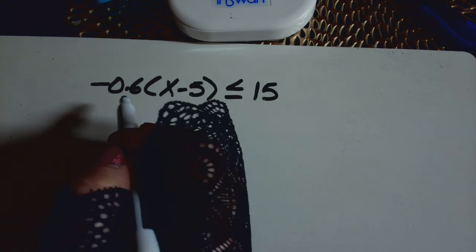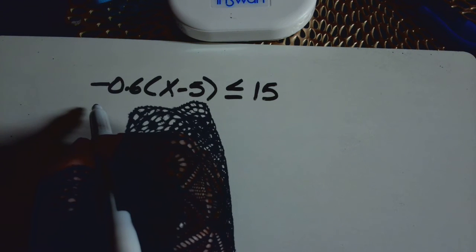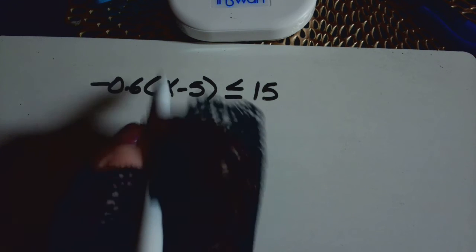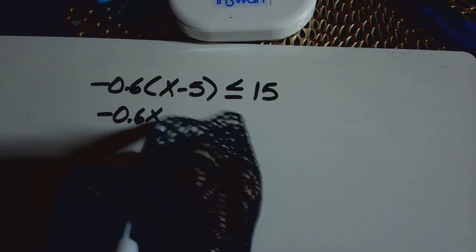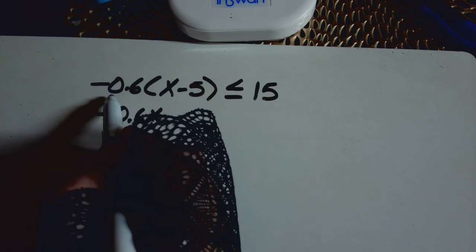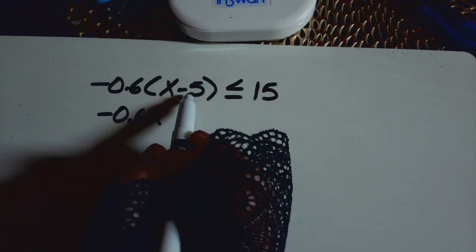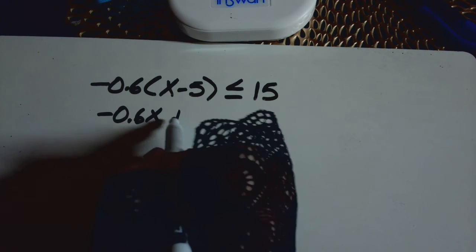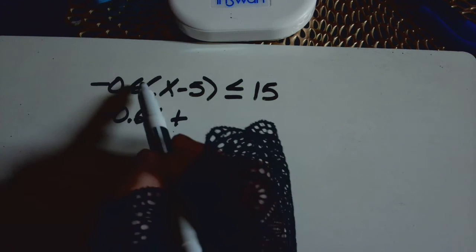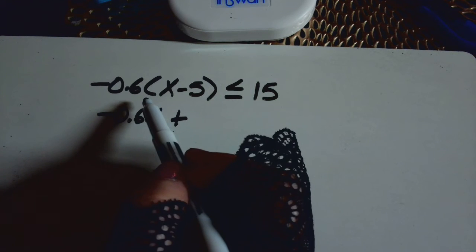So let's go ahead and multiply. So negative 0.6 times x is just going to be negative 0.6x. Then negative 0.6 times negative 5, and here you can use your calculator, but remember a negative times a negative is a positive. And I think in terms of fractions, so I know it's 3/5.